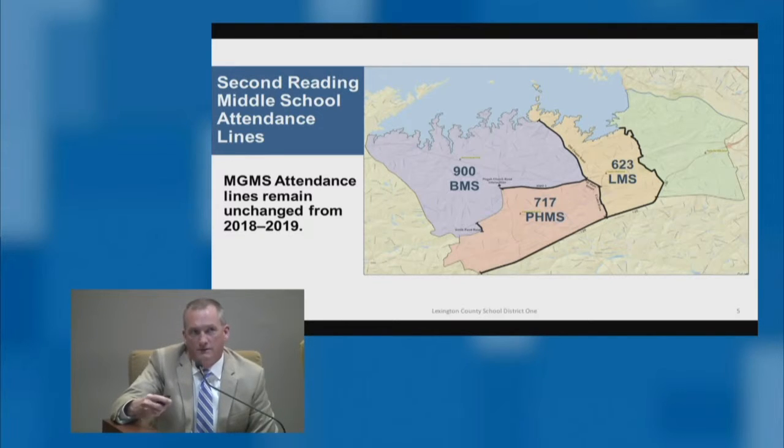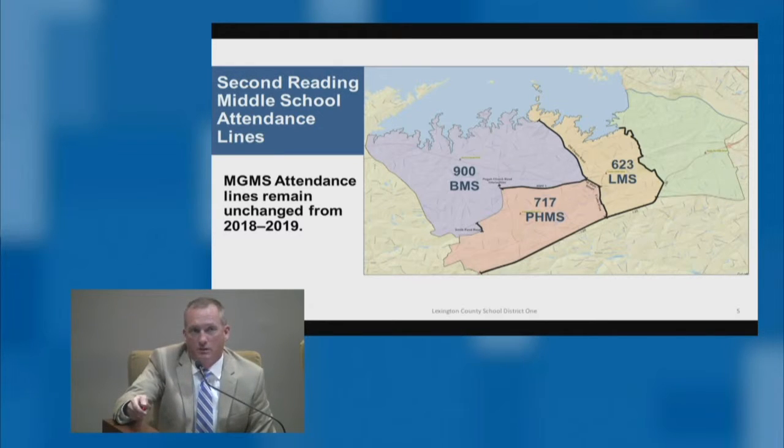And the board, for second reading, saw an attendance line boundary that looked like this, where we basically leave the Meta Glen attendance area lines unchanged for 2018-19. Or from this year, they would remain unchanged for next year.